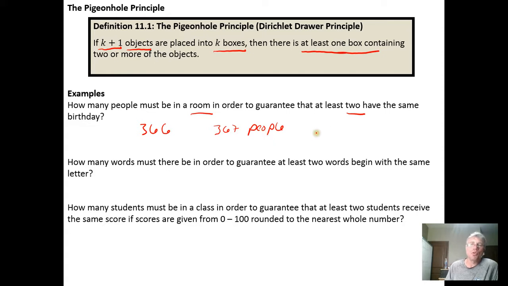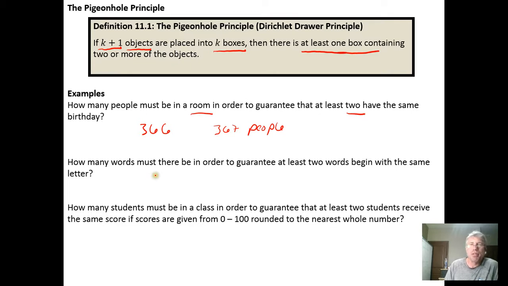If you do probability, it turns out that to have a greater than 50% chance of there being 2 people in the room with the same birthday, you don't need nearly that many people, but to be 100% certain, you would need 367.